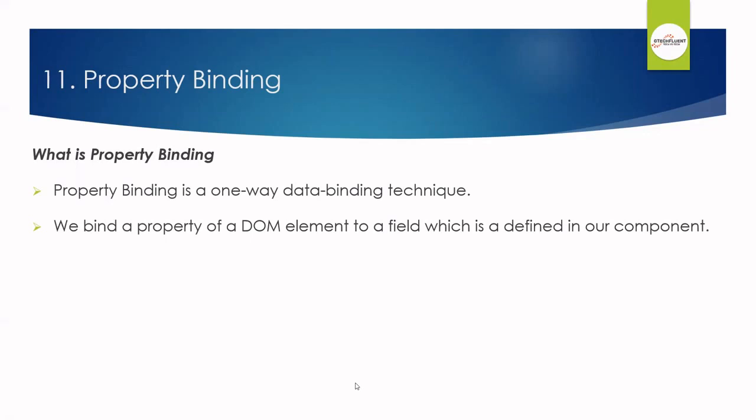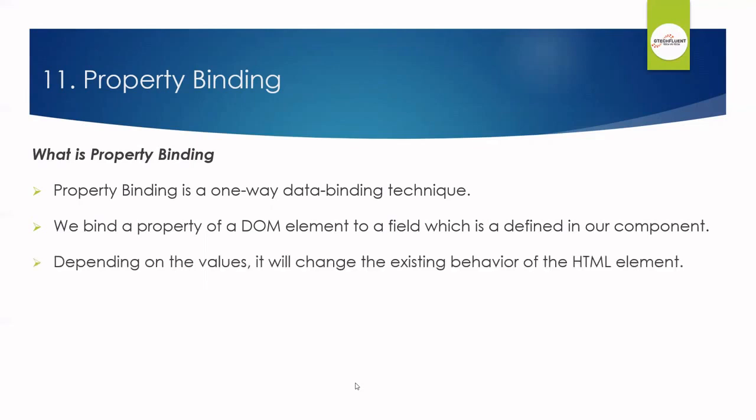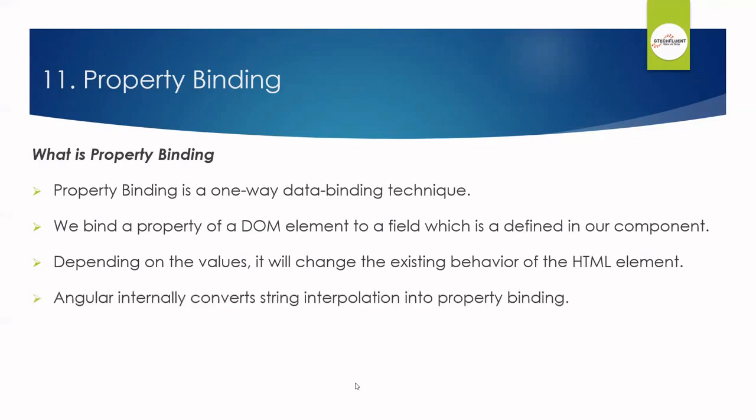Property binding in an Angular application is used to bind the values of the component or model property to the HTML element. Depending on the value, it changes the existing behavior of the particular HTML element. Actually, Angular internally converts string interpolation into property binding.